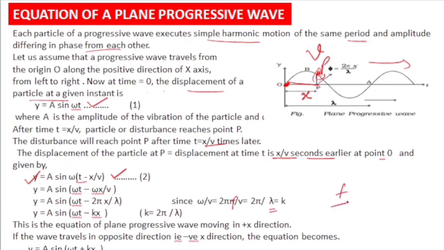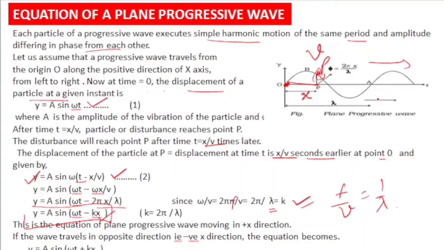And 2 pi by lambda is nothing but k. So omega by v is replaced by 2 pi by lambda, which is k, the propagation vector. So y equal to a sine omega t minus kx. This is the equation of a plane progressive wave in the positive x direction.